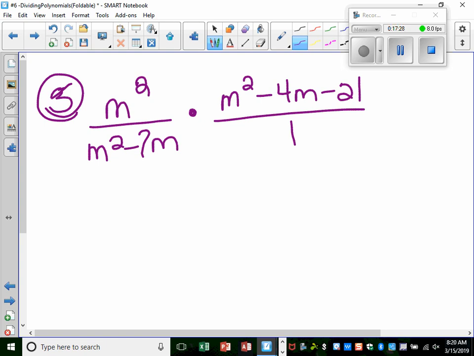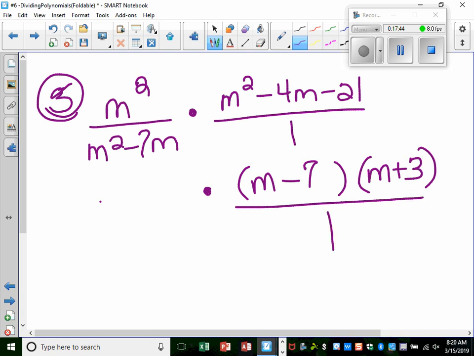All right, so we need to factor that m squared minus 4m minus 21. How can we factor that? All right, so m minus 7 and m plus 3. Can I factor out an m here at the bottom? Don't they have m's in common right here?